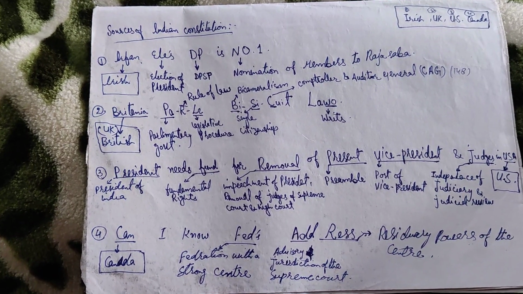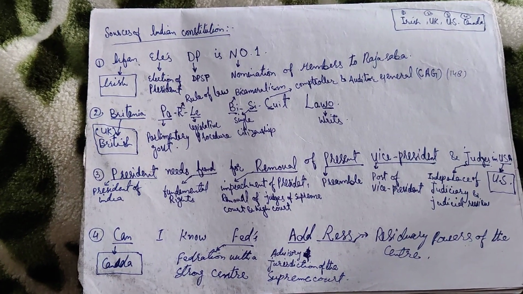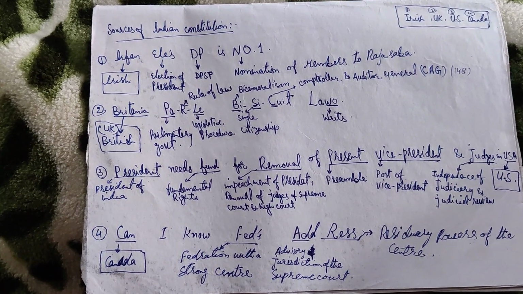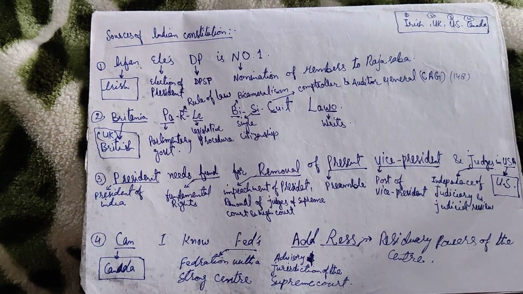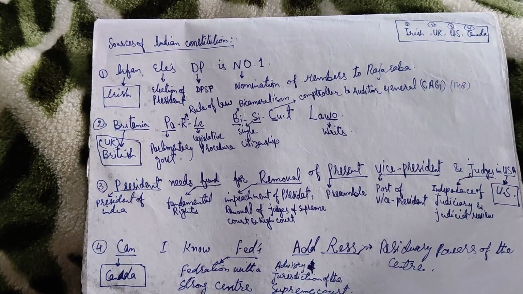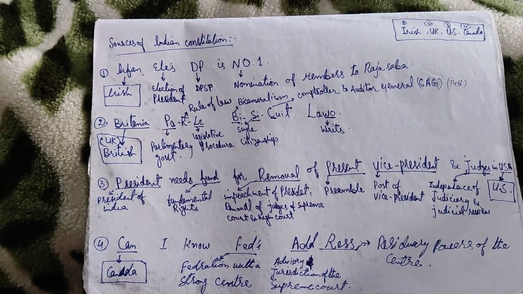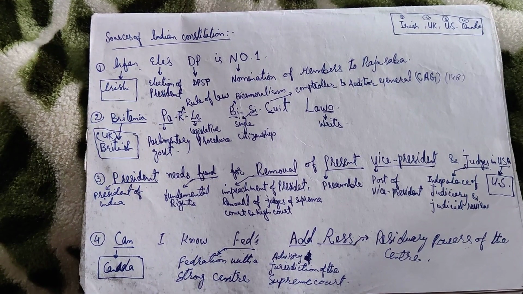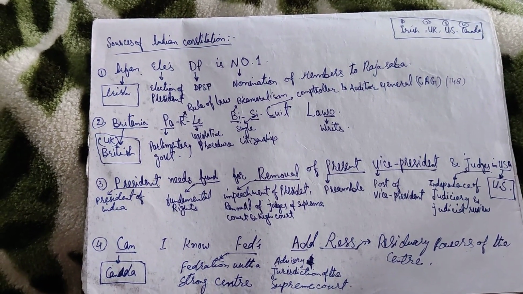from Irish, meaning Ireland. We have taken election of president, directive principles of state policy, and nomination of members to Rajya Sabha. These are some features of our constitution which we have taken from the Irish constitution.